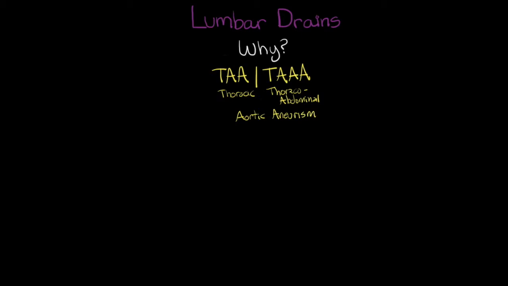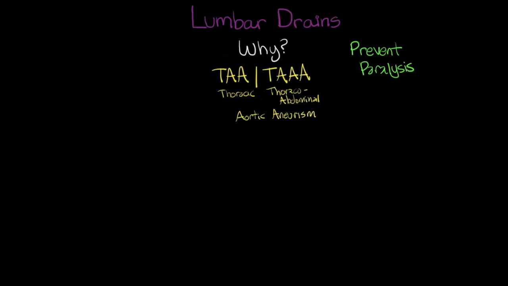So oftentimes you will see patients that have just undergone the thoracic or thoraco-abdominal aortic aneurysm repair, and these patients will come out with the lumbar drain. And the reason that we're using them, and there's one big main reason, is to prevent paralysis.